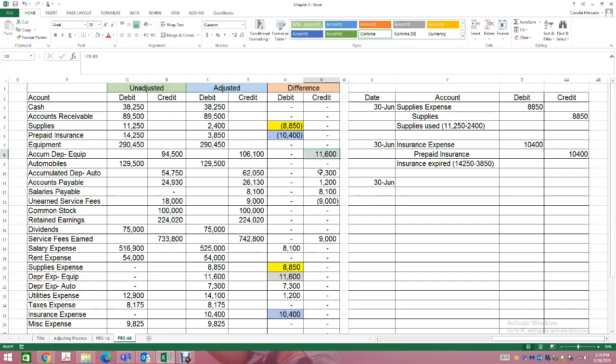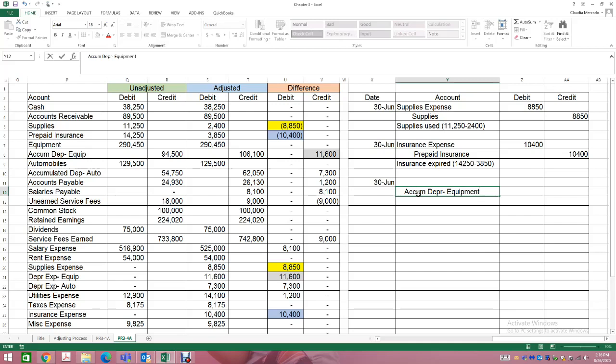So accumulated depreciation needs to be credited. We have accumulated depreciation for the equipment, and that amount is $11,600. And then what am I going to debit? Well, let's look over here.